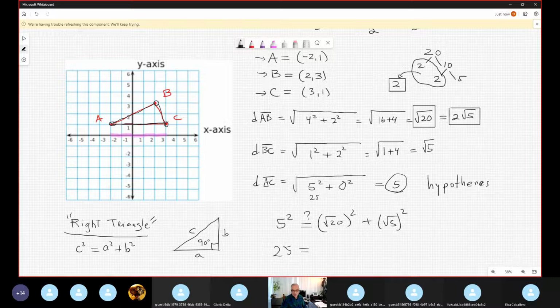So 20 and 5. Wow, 25 equals 25. I get a true statement. Therefore, yes, it is a right triangle. So, what is the corner that is 90 degrees? I suppose the corner that is 90 degrees is the corner opposite to the hypotenuse, which is this. It's 90 degrees. It's opposite to this segment, which is the hypotenuse.